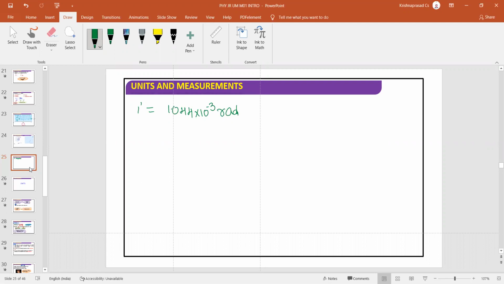This divided by 60 will give you the value of 1 second in radians.